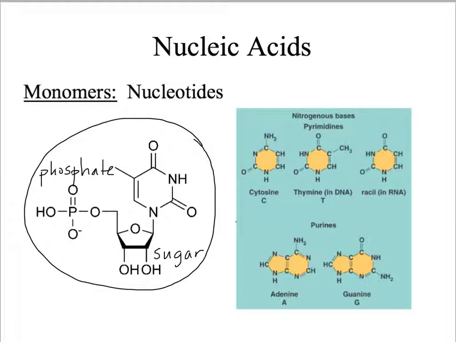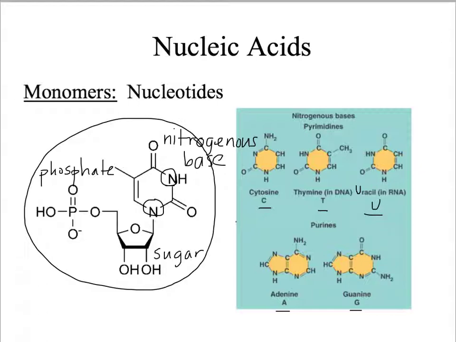And finally, it has what's called a nitrogenous base. And I bet you can guess why it's called a nitrogenous base. If you look really carefully at the structure, it's got some nitrogen in it. All right, so those different nitrogenous bases that can go into a nucleotide are cytosine, thymine, adenine, and guanine, and then this last one, which for some reason didn't come out quite right, is a uracil, or a U.